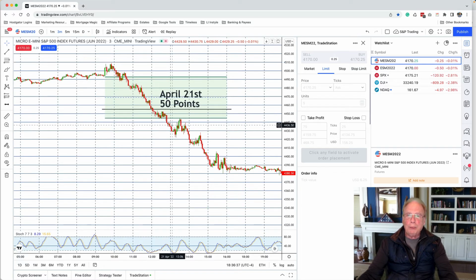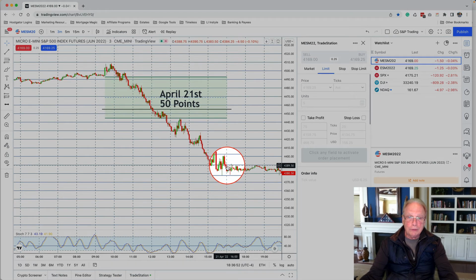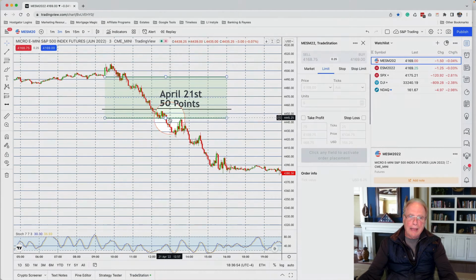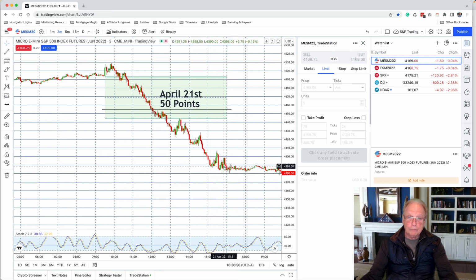But at 1 p.m. on April 21st, Jerome Powell, the chairman of the Federal Reserve, made an announcement that the May interest rate could be increased by as much as 50 basis points, sending the market into a tailspin. And had I held on, this was good for an additional 57 points, for a total of 107 points for the day. I was happy with my 50.